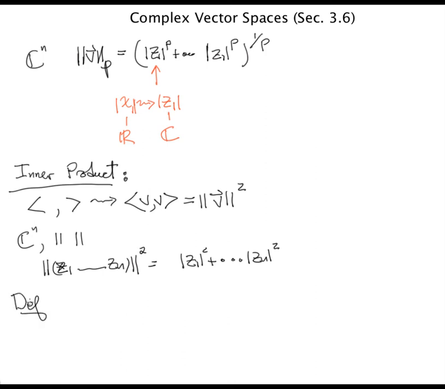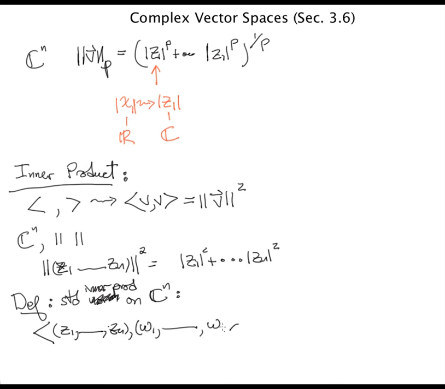I'll just write it down, and you'll see why this is the right thing to do. The standard inner product on Cn is the following. You define the inner product of z1 through zn with w1 through wn.